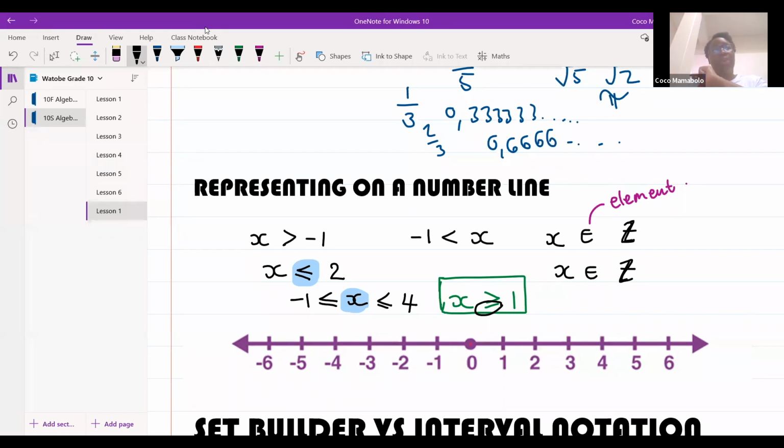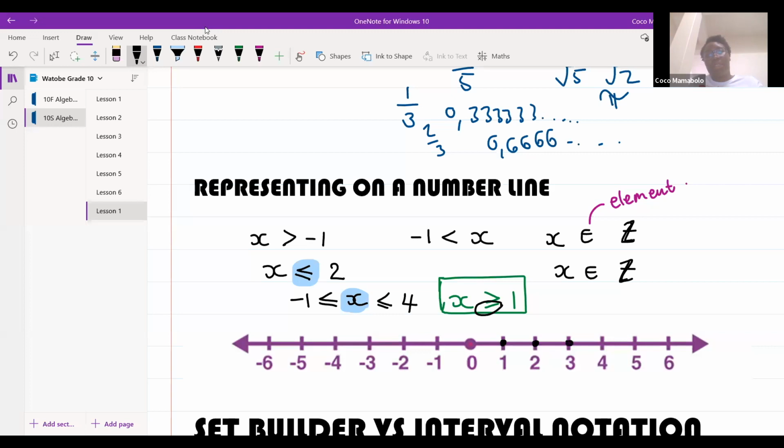But x is bigger than 1. Which number is going to be greater than 1? 2, good, but we can keep going.